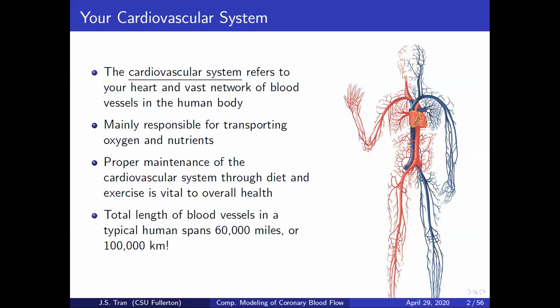All the various blood vessels throughout your body, you can almost think of them as highways for your body to transport goods. Mainly, your body is transporting oxygen. Oxygen is a very essential element that's used for operating your muscles and for performing a lot of other functions in your body. Your blood is also responsible for transporting nutrients. All the vitamins and all the energy and all the things that you obtain from your food are transported throughout your body through the cardiovascular system. So as you can imagine, your cardiovascular system is really, really important.